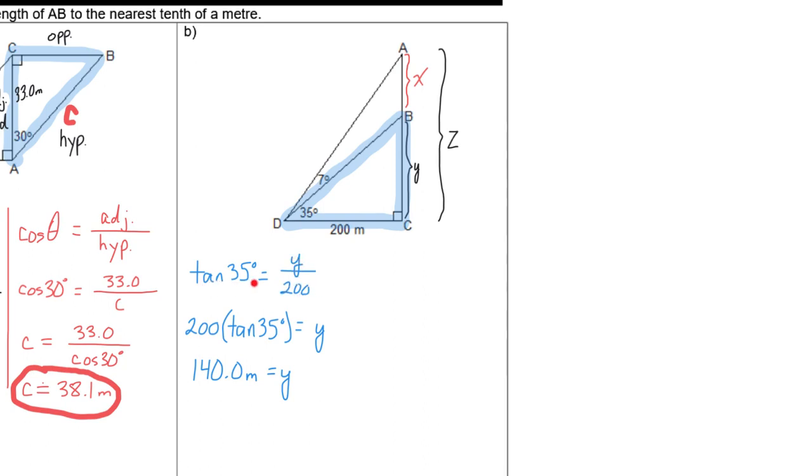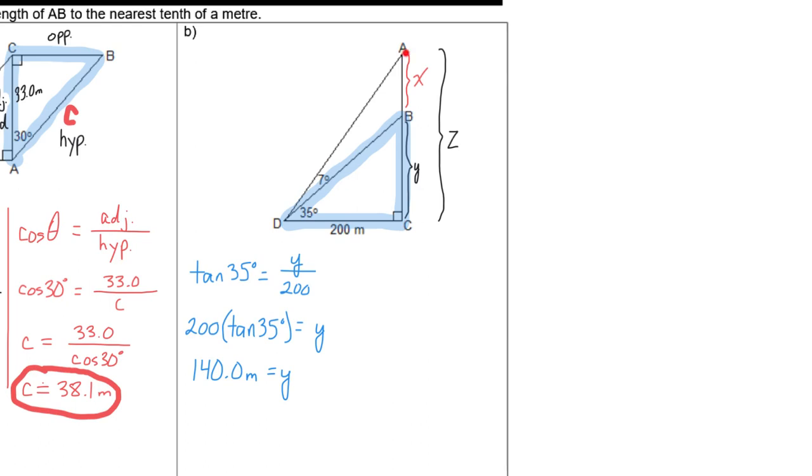So tan 35 equals Y over 200. Now to solve for Y, it's on the top of the fraction, so it's going to be a multiplication of 200 and tan 35. 200 multiplied by tan 35. And when I do that in the calculator, I get 140 meters. So this side length is 140 meters.